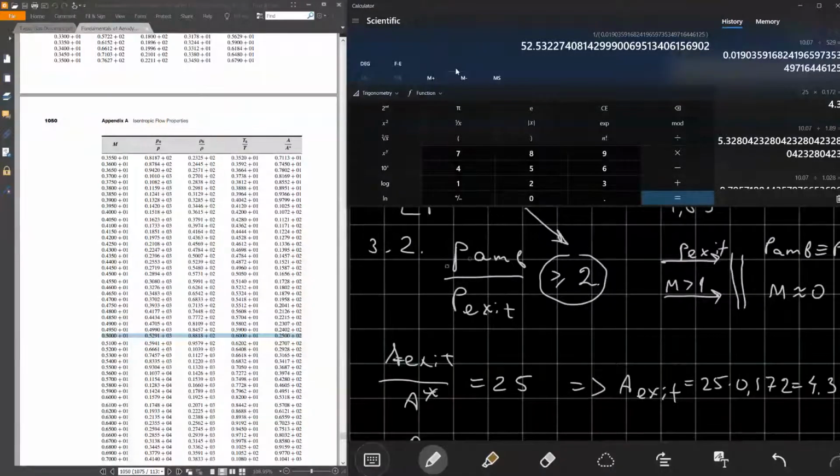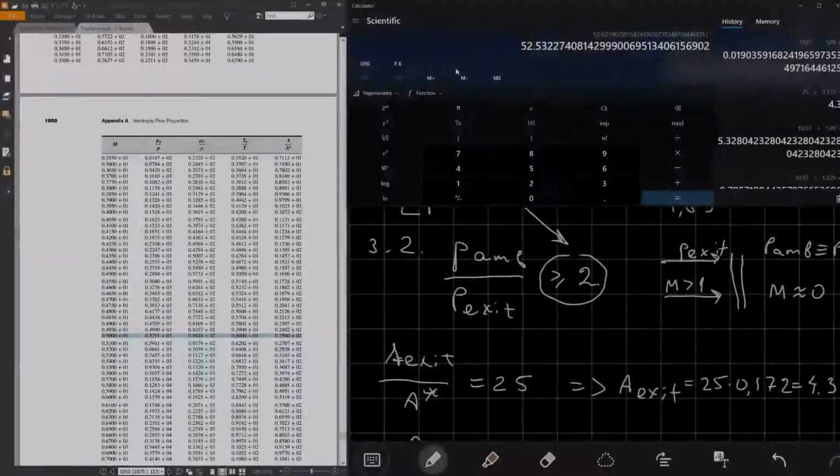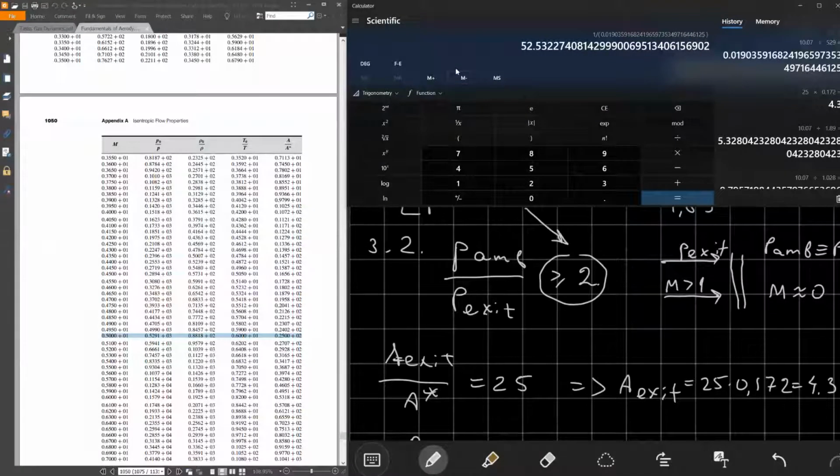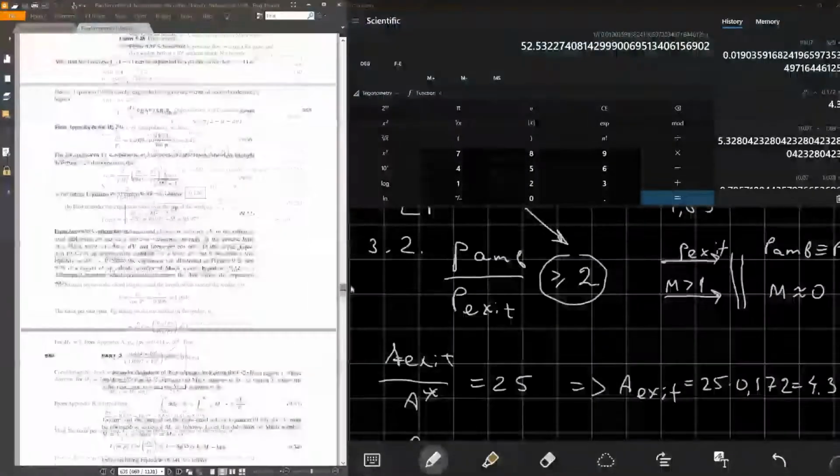Don't worry, because one of the reasons for this confusion is if we go to see, for example, Appendix A, you will see it's the P0 by P ratio. And if you go to chapter 7 and see these isentropic formulas, you will see something very different. You will see that it's P divided by P0, so it's the opposite ratio. And this is why for me it's also a sort of confusion.